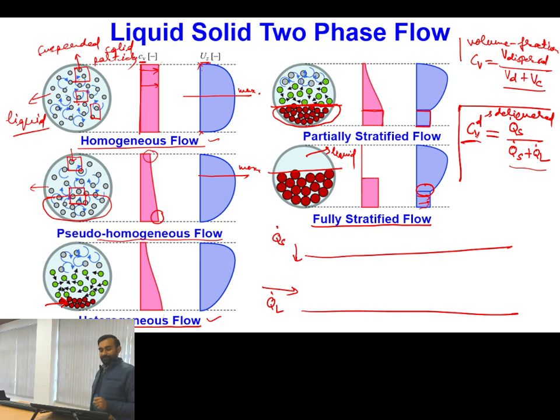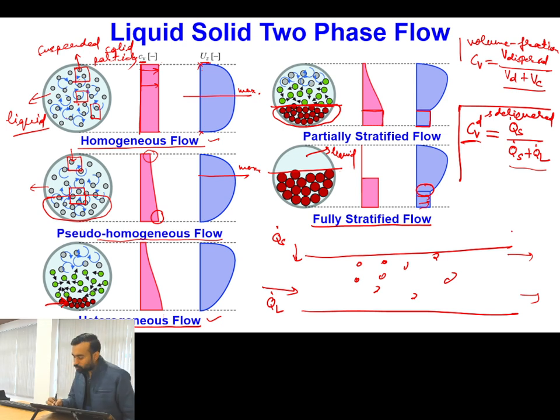Now, if my flow is homogeneous, what will happen? Whatever flow rates we have provided at the inlet, corresponding to these flow rates, all the particles are homogeneously suspended within the liquid, and this has homogeneously gone out.